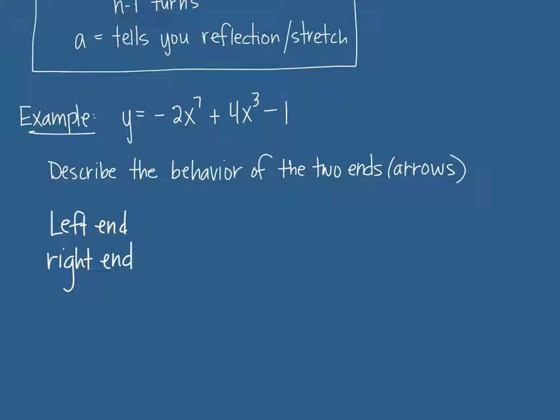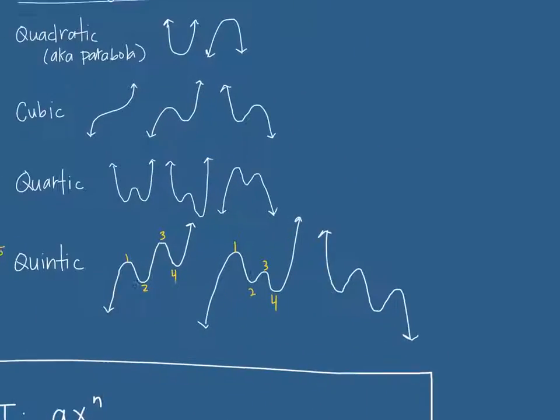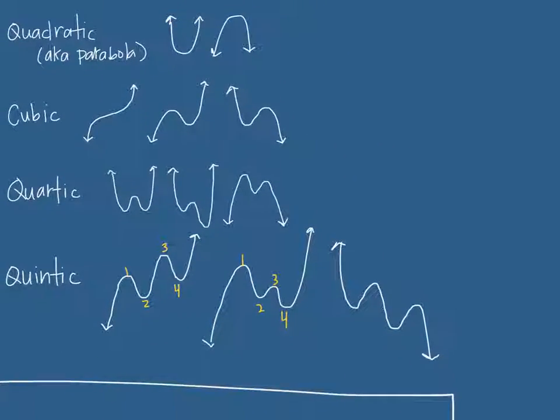Well, this is a category 7, which means it has how many turns? It has 6 turns. Being a category 7, it's going to look like the cubic and the quintic. It's in that odd family. The odd ones tend to look the same or similar.